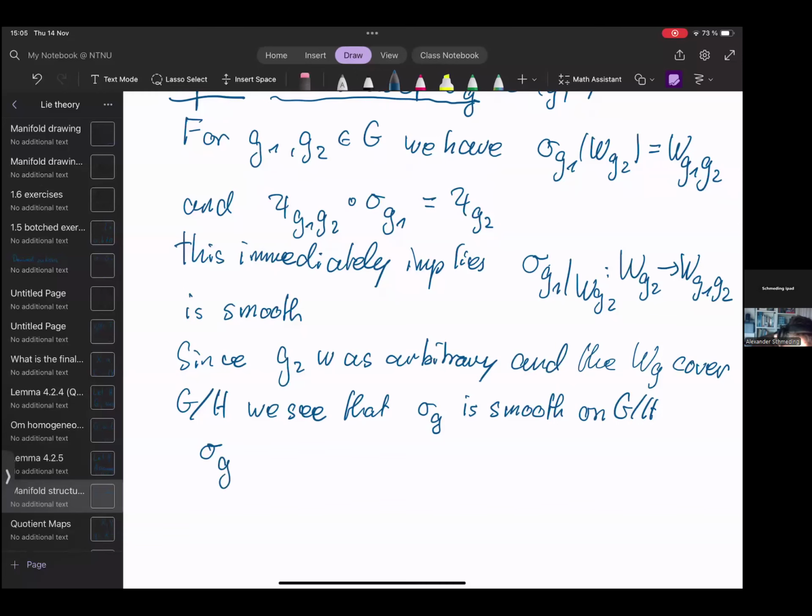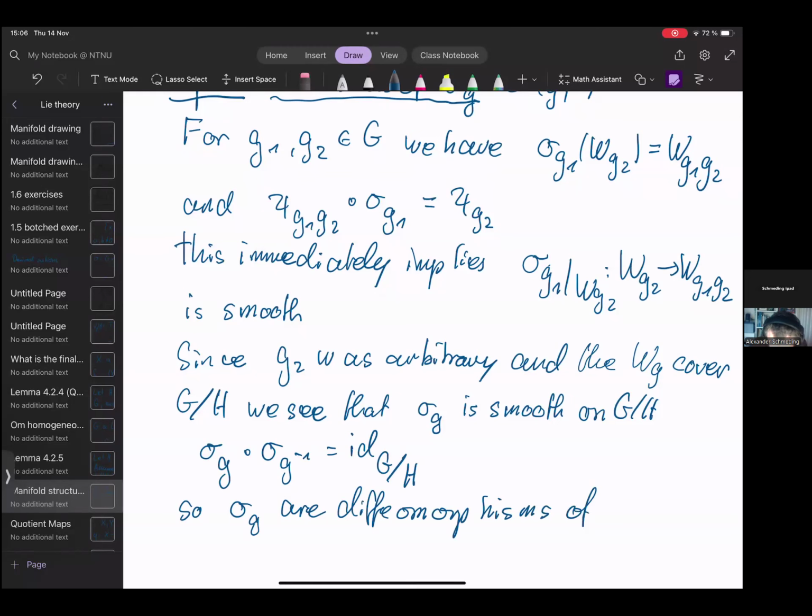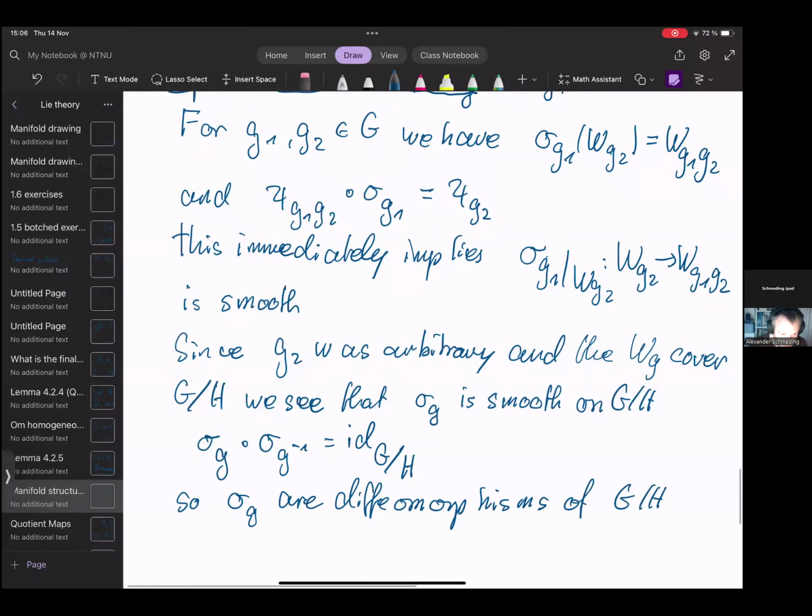So we have this formula: if I take sigma G and then I take the inverse here, this really gives me the identity on G mod H. So really the sigma G are diffeomorphisms of G mod H. Okay.